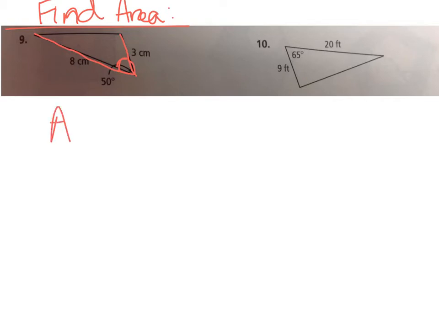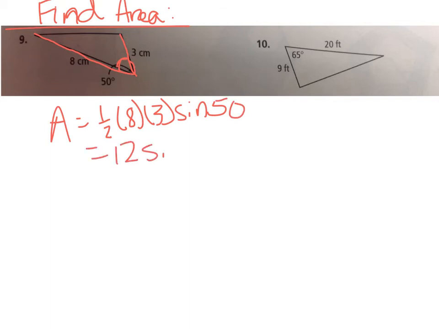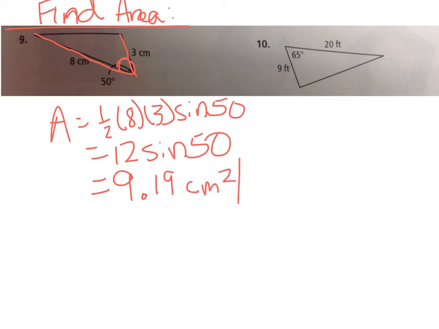So our area is going to be 1/2, one of the sides, second side, and sine of the angle. So that's 12 sine of 50, which is 9.1900 centimeters squared.